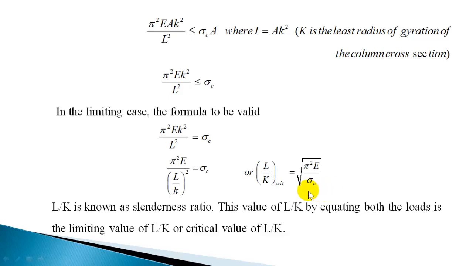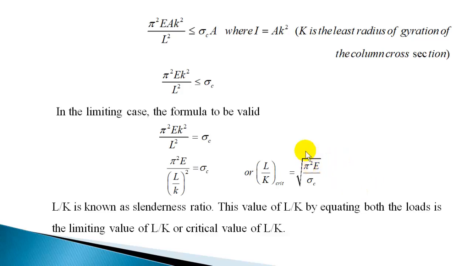Now columns made out of this material can have different values of L by K based on their physical dimensions. Based on the physical dimensions means based on the length, cross-sectional area, and the shape of the cross-section.